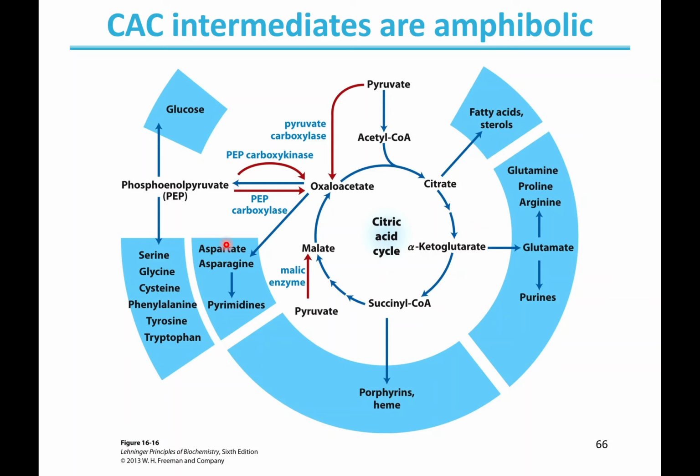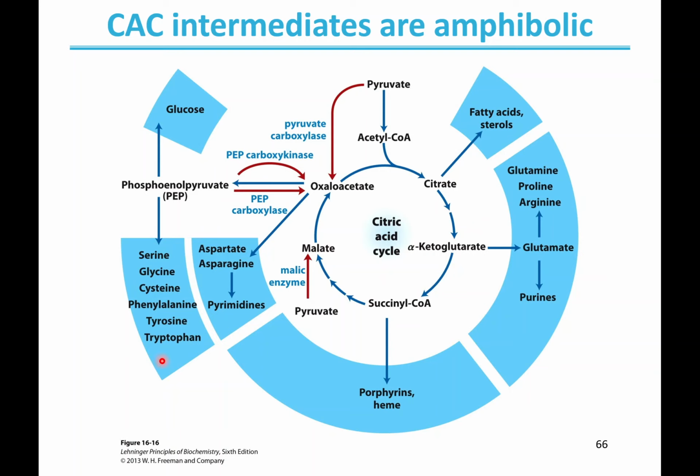Oxaloacetate can be used to make amino acids, aspartate and asparagine, and then further on to pyrimidine bases. It can also be used to create PEP, phosphoenol pyruvate, and then make more glucose via gluconeogenesis. PEP can also be used to make other amino acids.